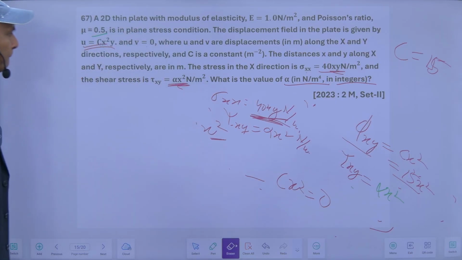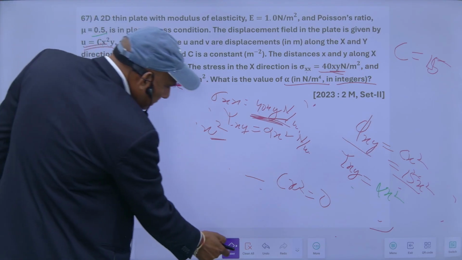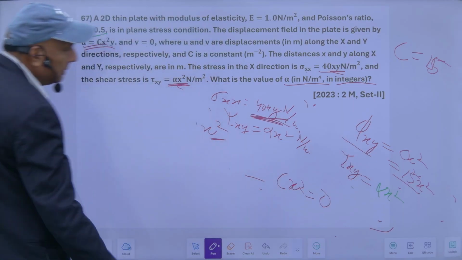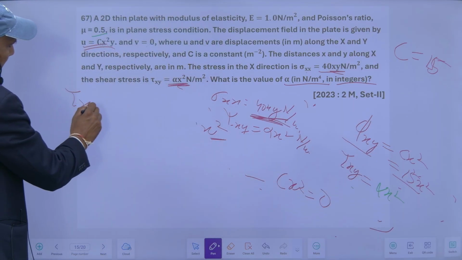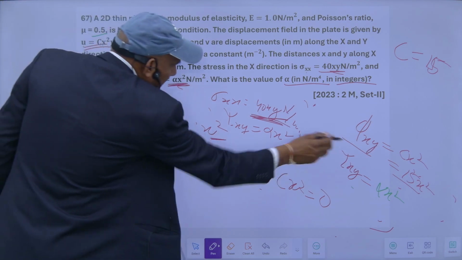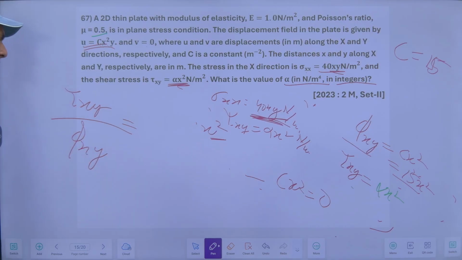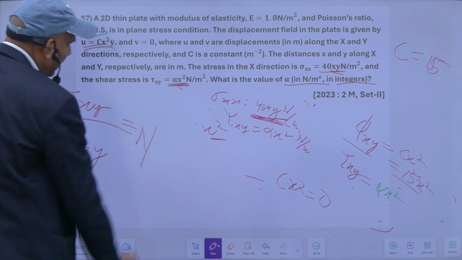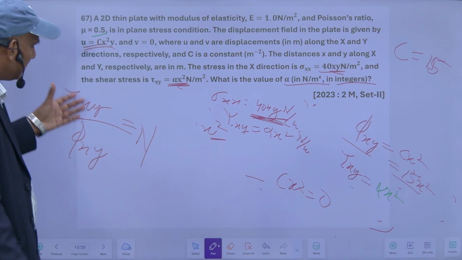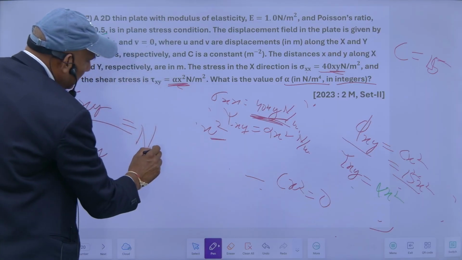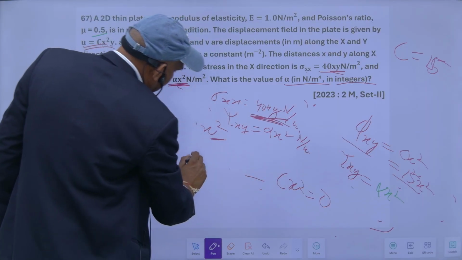And shear stress upon shear strain, tau xy upon phi xy, this is nothing but modulus of rigidity. This will give n. Modulus of rigidity is shear stress upon shear strain, means alpha x square upon 15x square.